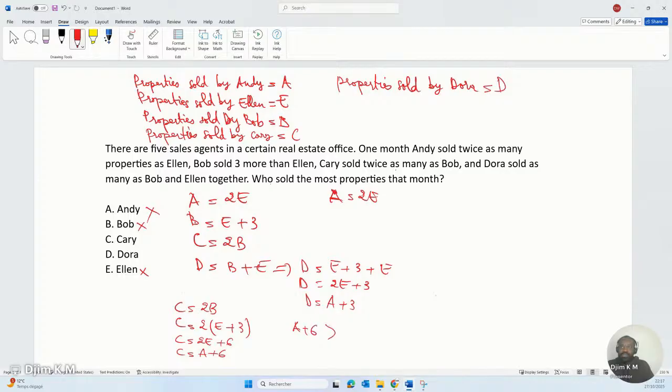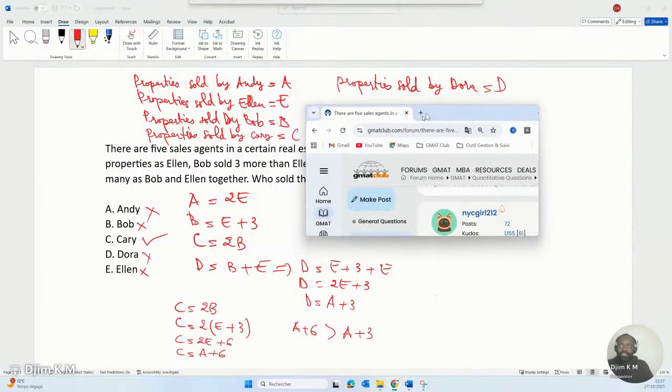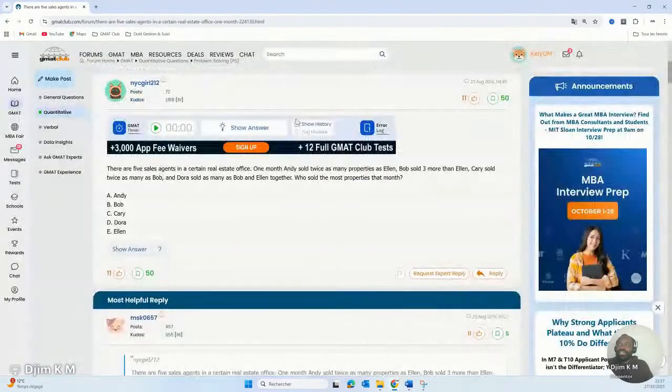A plus 6 is greater than A plus 3. So it's not Dora, it's Carrie. I hope I got it correct. Answer C.